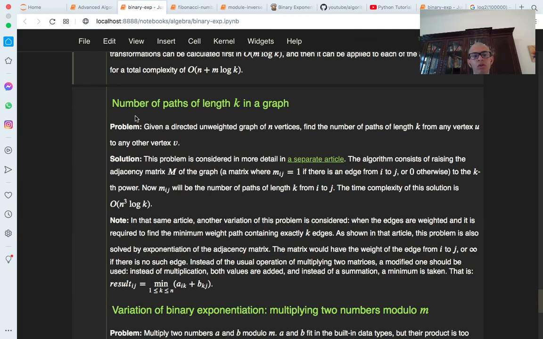Also we have the number of paths of length k in a graph. Given a directed unweighted graph of n vertices, find the number of paths of length k from any vertex u to any other vertex.